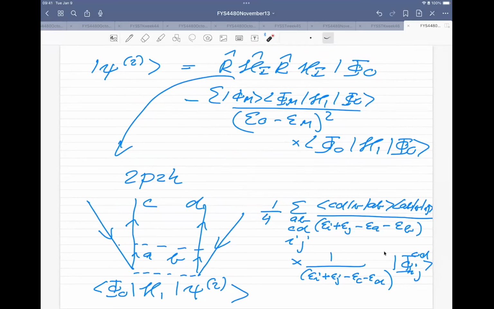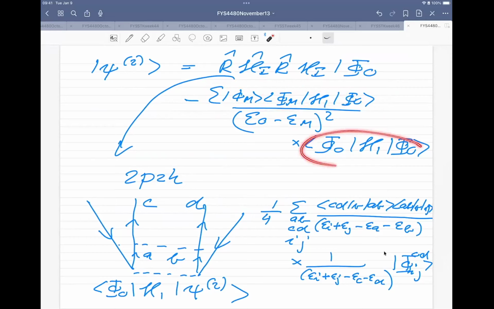Let me just find my cheat sheet here with the diagrams. So if we now look in more detail at this term here, this is going to create a one-particle, one-hole, or two-particle, two-hole excitation.